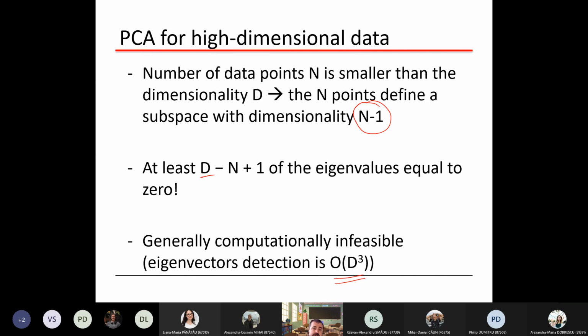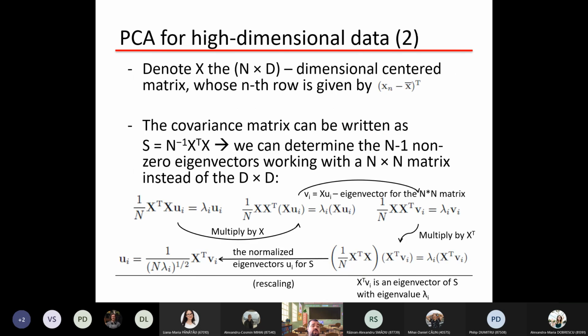So we can do a trick: instead of working in the d by d space, work in the n by n space, and then derive the eigenvectors corresponding to the principal subspace. So how can we do that?